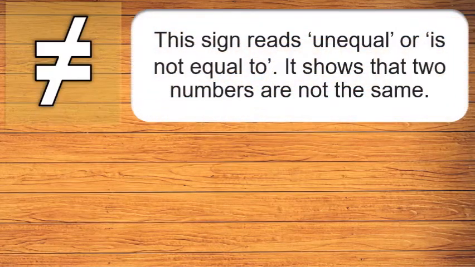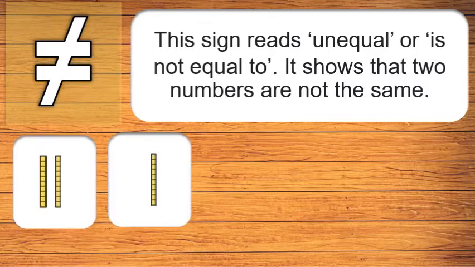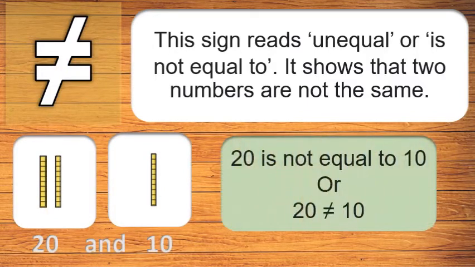This sign reads unequal, or it can also say is not equal to. It shows that two numbers are not the same, or they don't have the same value. For example, we have here 20 and 10. 20 is not equal to 10, or you can say 20 is unequal to 10.